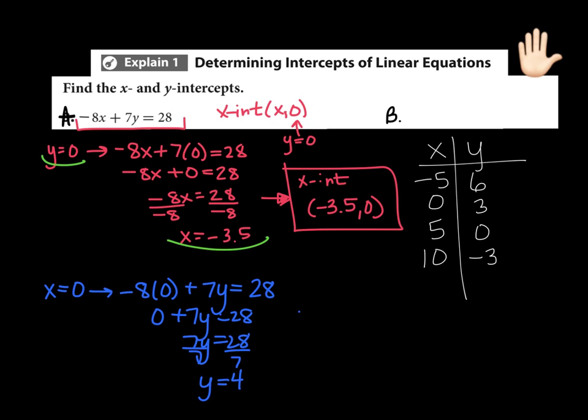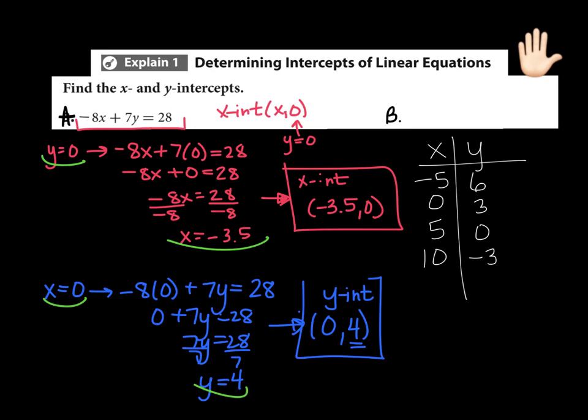So when I take those two pieces of information and write my ordered pair, it's going to be 0, 4, and because the information's in the y spot, this is my y-intercept. Tomorrow I'm going to show you a slightly shorter way, but I am going to make sure that you understand how to do that method first.